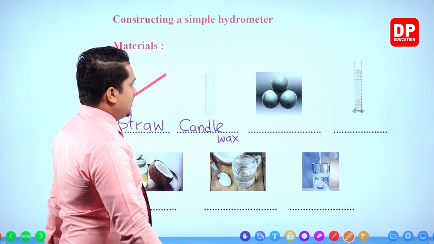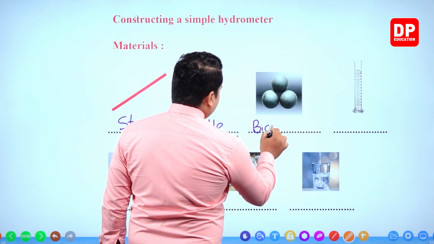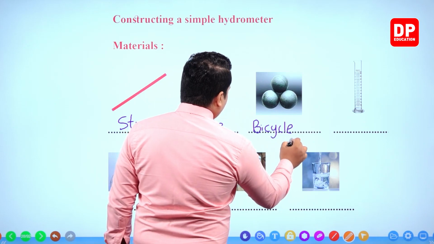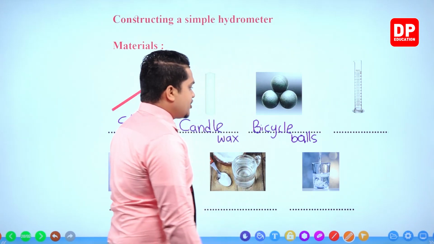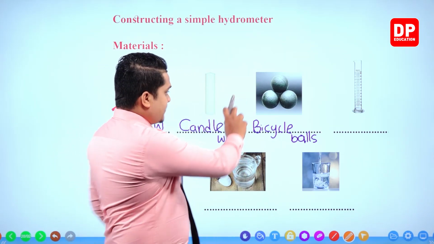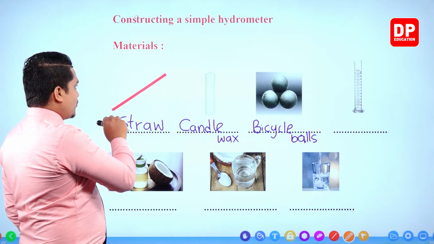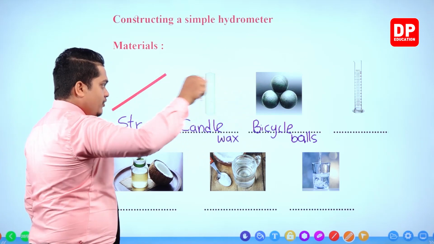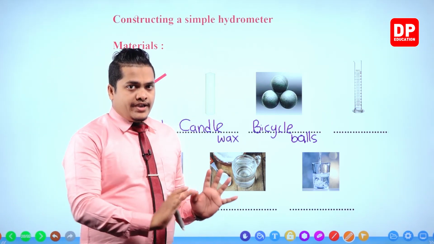Then bicycle balls, which are used instead of lead shots, my dear children. We can insert these bicycle balls into the straw from one end and seal it. Then we can put this in the liquid and it behaves as a prototype hydrometer.